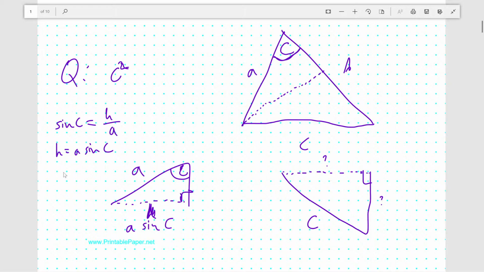Cosine is adjacent over hypotenuse, so cosine C is equal to, I'll just make this a question mark, over A, and therefore the question mark is A cos C.